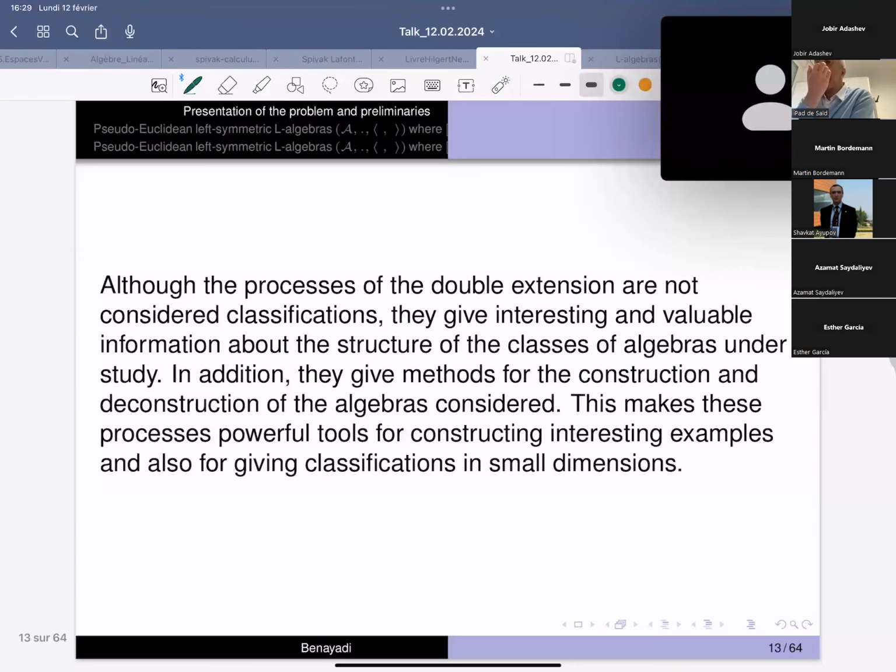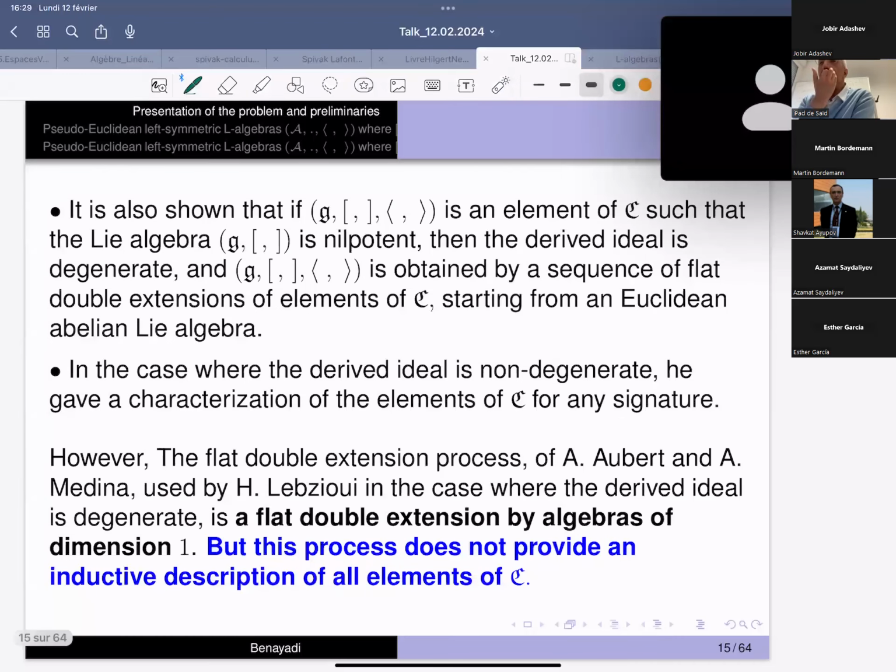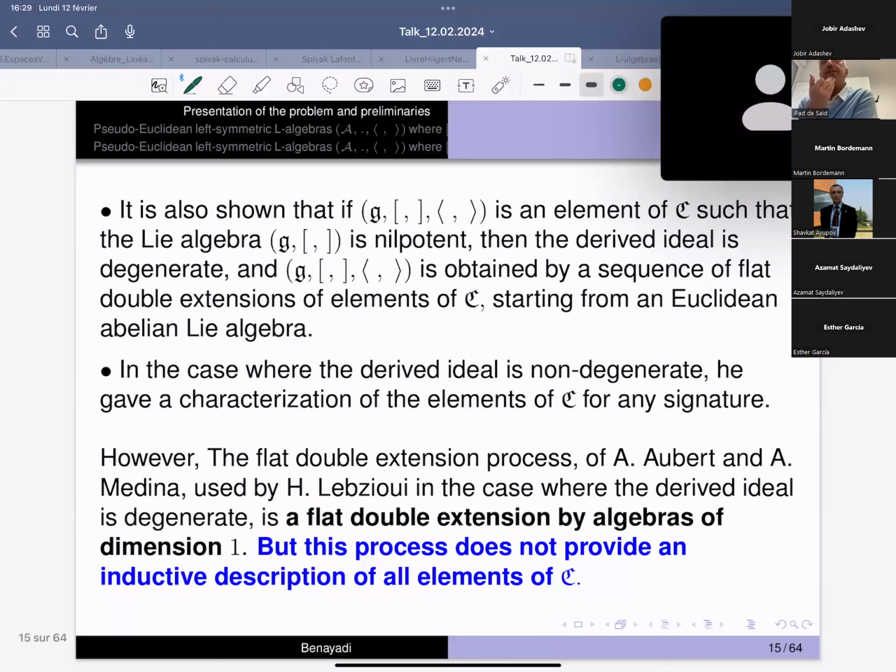It is also shown that if G is an element of C such that G is nilpotent, then the derived ideal is always degenerate, and we can obtain this Lie algebra by a sequence of flat double extensions starting from a Euclidean abelian Lie algebra.